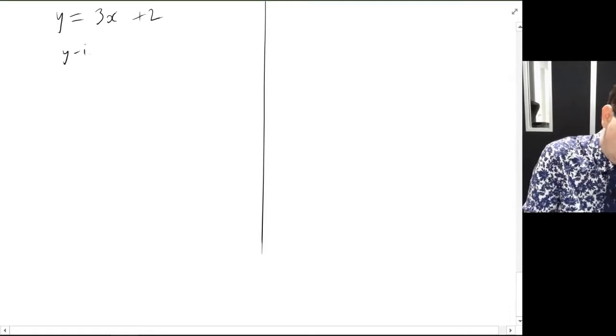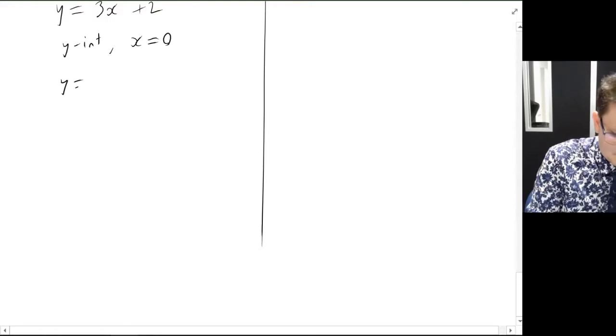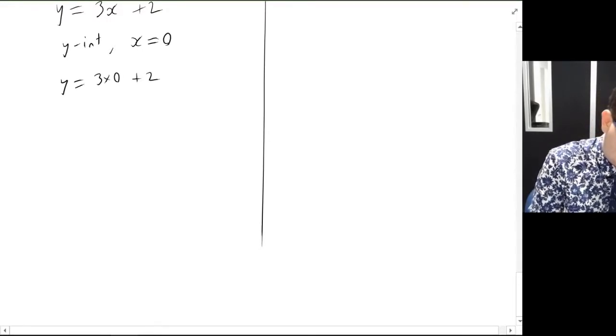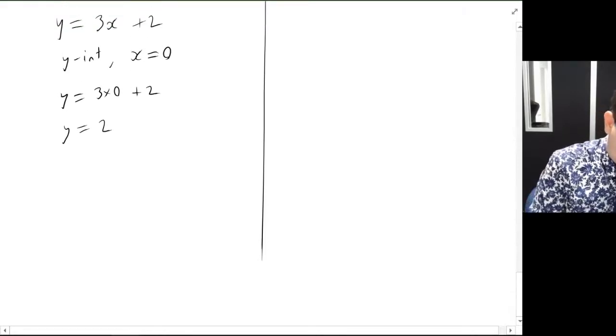The y-intercept happens when x equals 0. Okay, so let's do it. So y is equal to 3 times 0 plus 2. Well, y would then equal 2. So that is our y-intercept, my y-intercept is equal to 2.